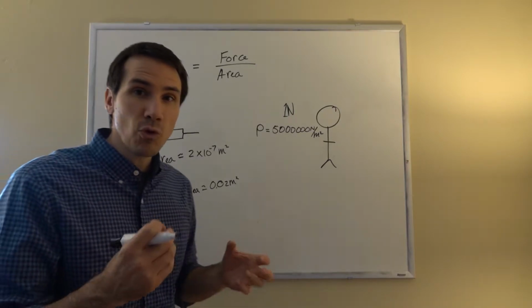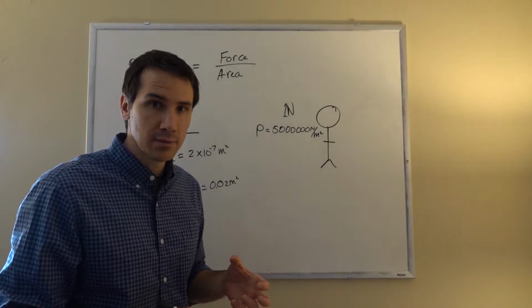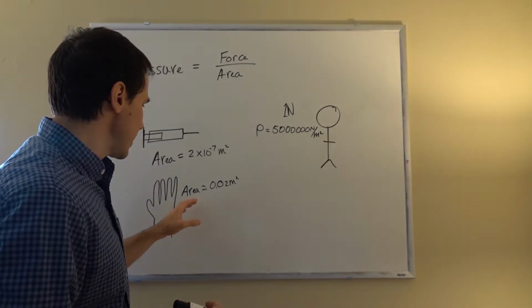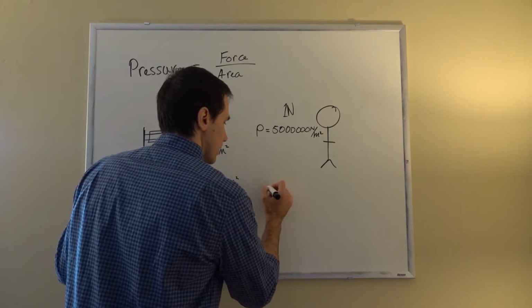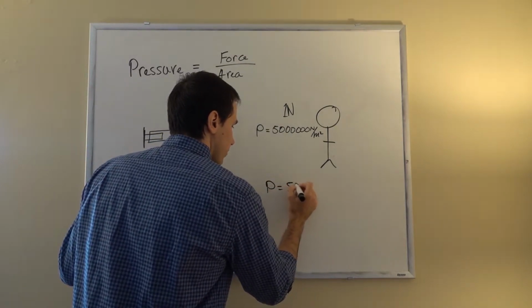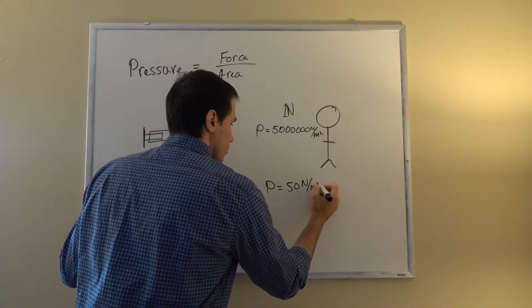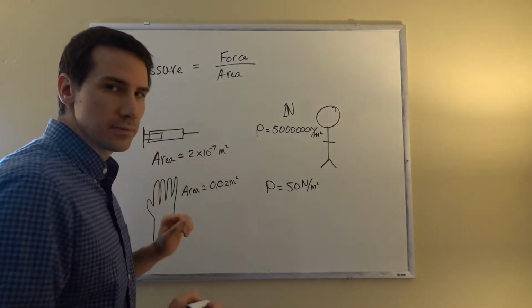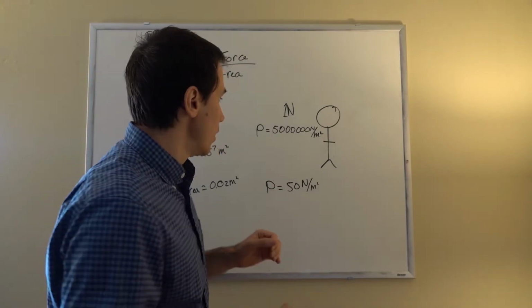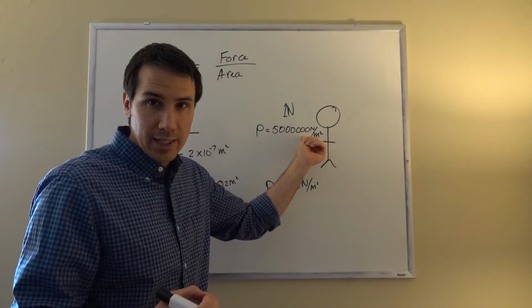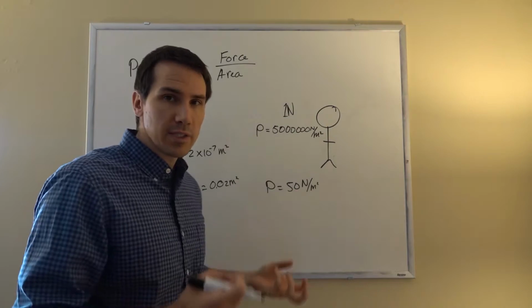That is an enormous amount of pressure. Whereas if I take my hand and apply the same 1 Newton, I get 50 newtons per square meter of pressure. So applying exactly the same force over a very small area, like a needle, gives you an enormous amount of pressure.